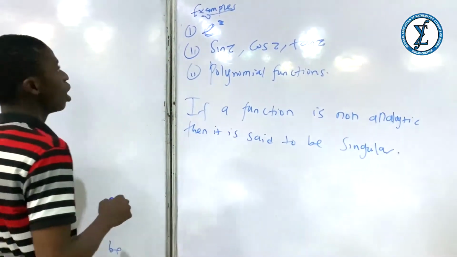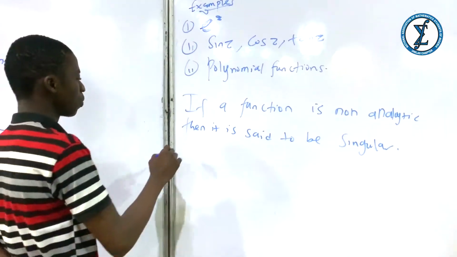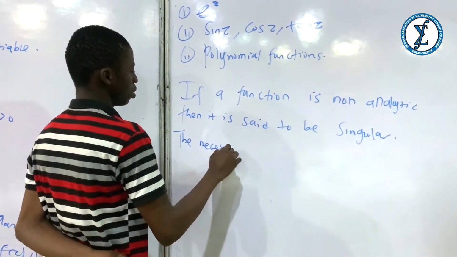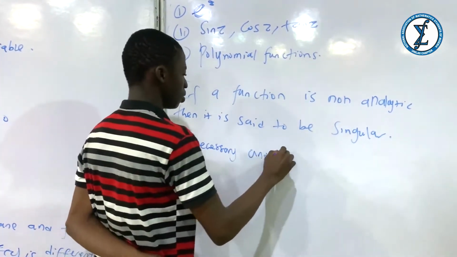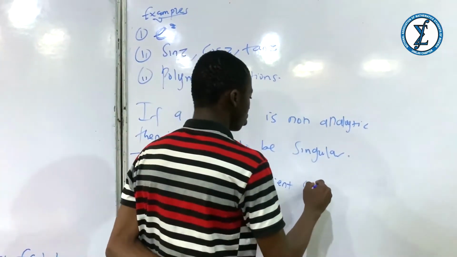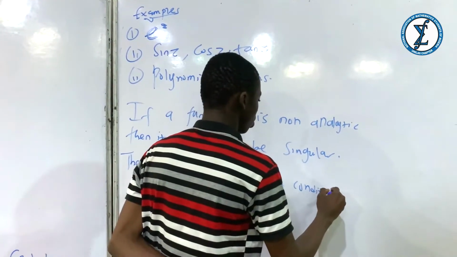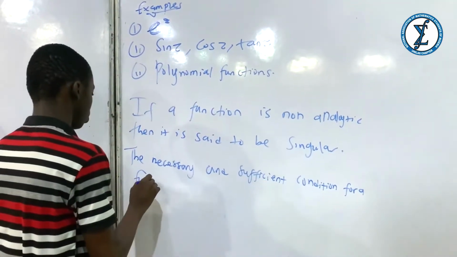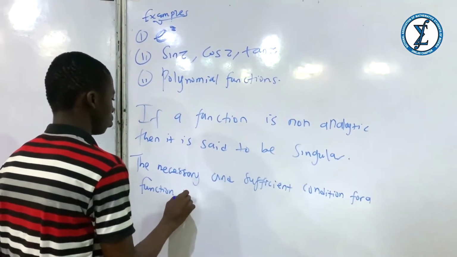Now, we have a set of necessary and sufficient conditions for a function to be analytic.